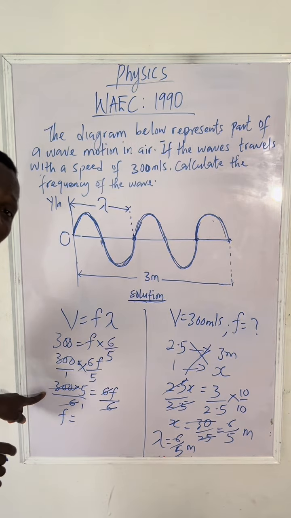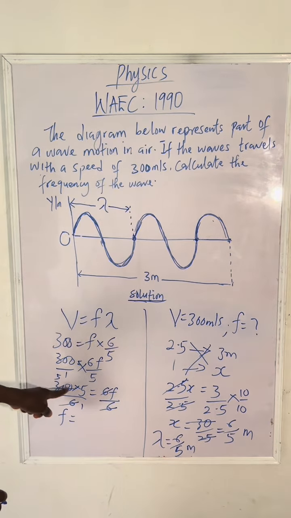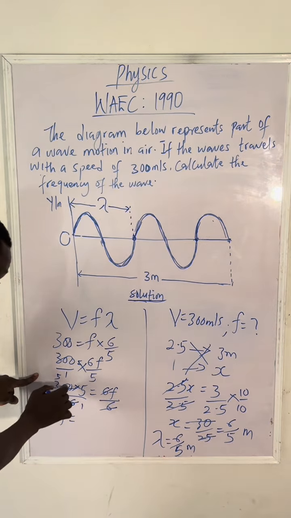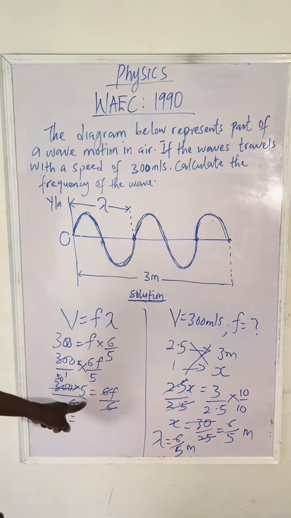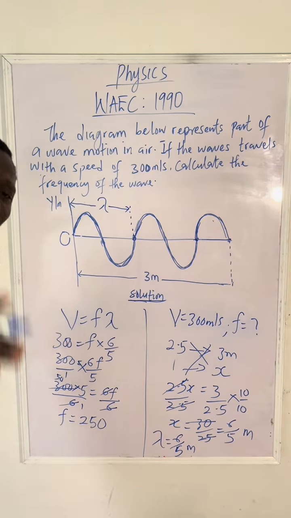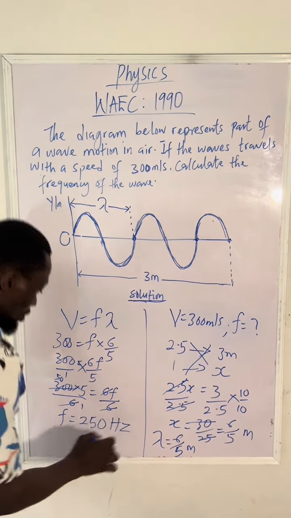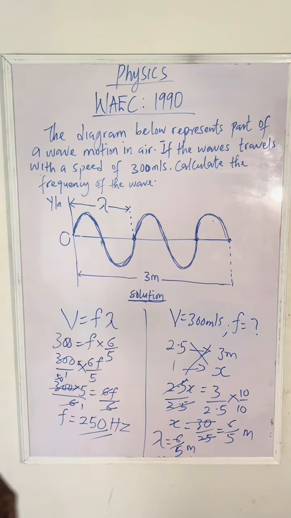First, 6 in 30 is 5, so that's going to be 50. So 6 in 300 is 50. So 50 times 5 is going to give us 250. Now the question is, what is the unit of frequency? That's going to be Hertz. And that is why our frequency is going to be 250 Hertz.